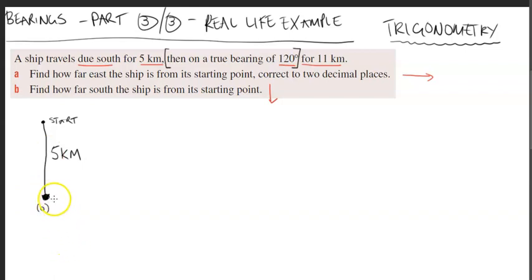If this is our new origin, in a different color I'm going to put the 4 compass directions of north, south, east, west, and using that as our origin, we're going to go on a true bearing of 120 degrees, starting from here.